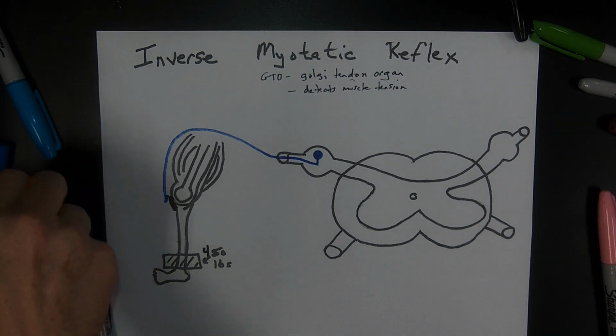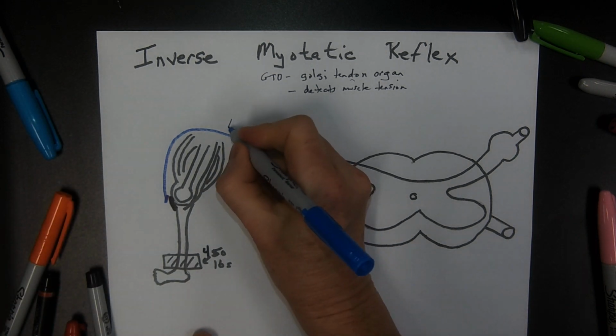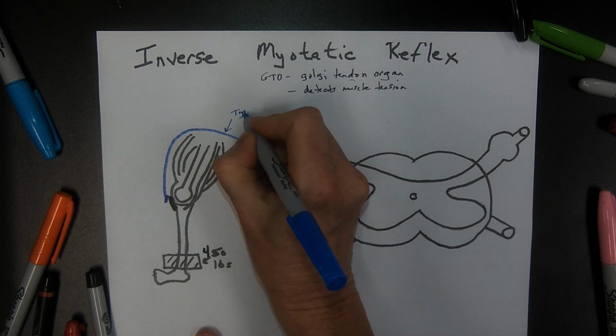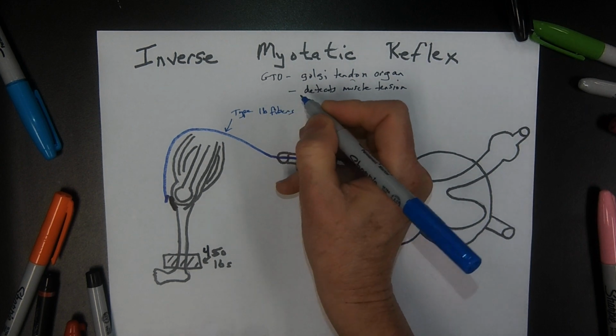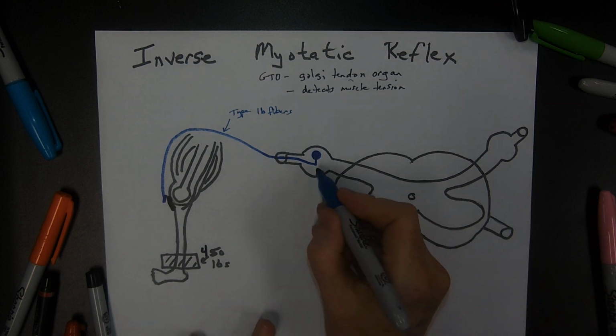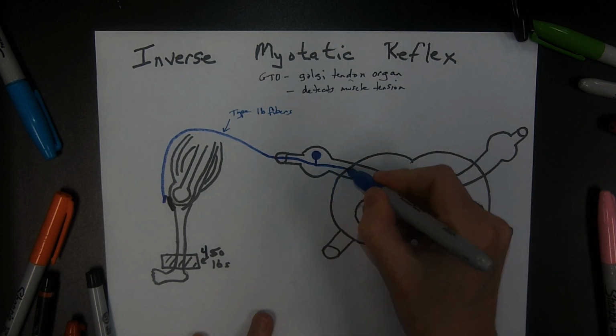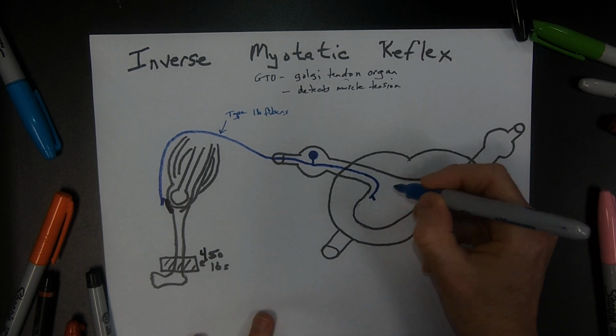Okay, the stretch reflex was type 1A fibers. These are type 1B fibers, just a different fiber type. Type 1B fibers are associated with your Golgi tendon organ. This guy comes in through your dorsal root, coming into your dorsal gray horn, and again bifurcates.